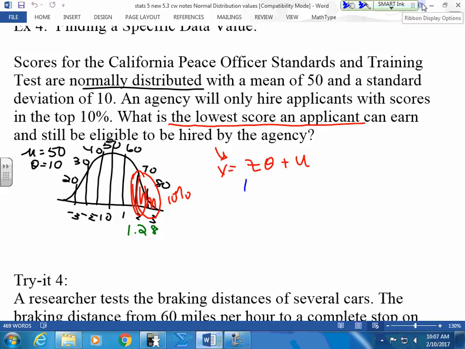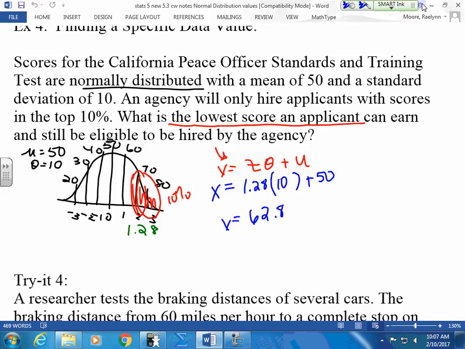Now you have a z-score. You cannot put 10% in there. You have to have the z-score. You have the standard deviation. You have the mean. Now you can find the x value. Now, when we do this, this is 62.8. Okay. I need them to be in that 10%.